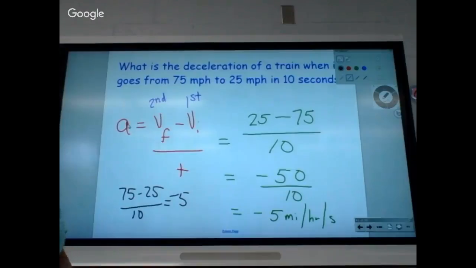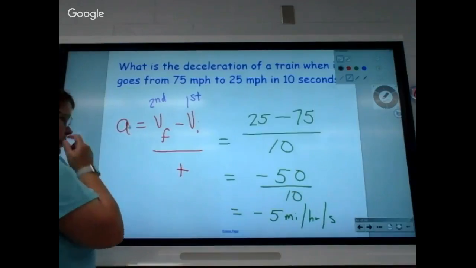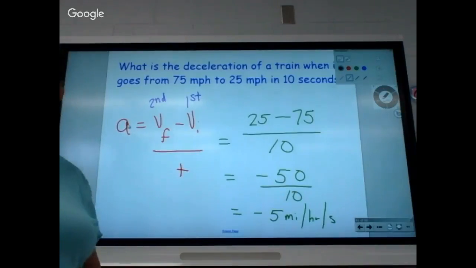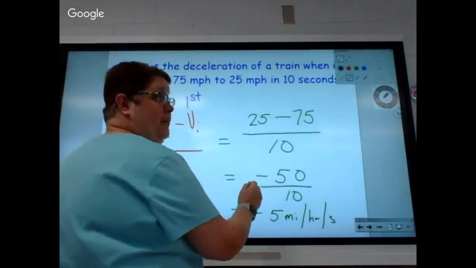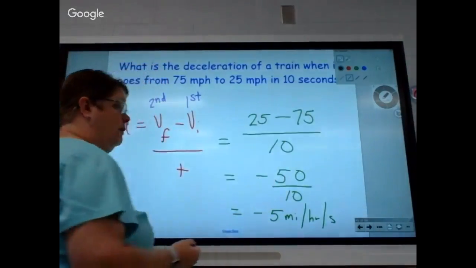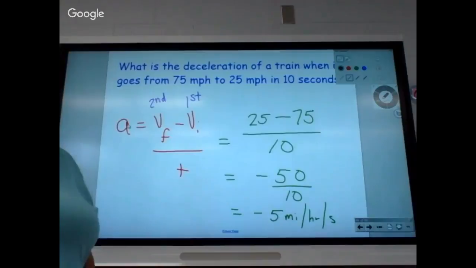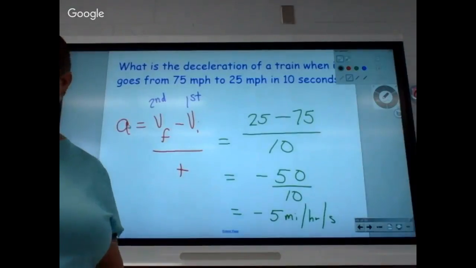Okay? You just have to remember that deceleration is negative. So if you do it backwards, you put the negative sign on it, and you're still good to go. Okay? That's all you got to do. Everybody hear me say that? Okay. If you do it correctly, it comes out negative. But if you forget, you can just add the negative sign at the end.